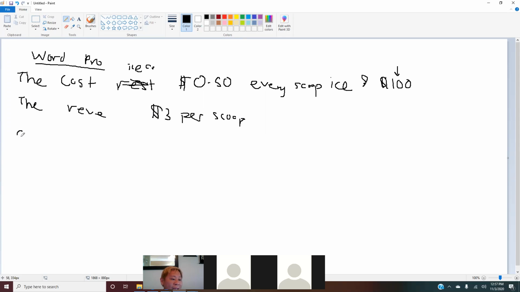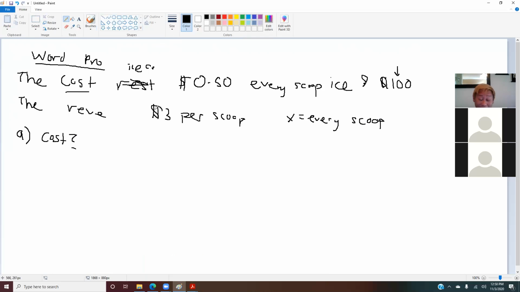So question A is asking, what is the cost in this case, where x is every scoop of ice cream? Does anyone know how to figure out the cost here? This is in your midterm this week.